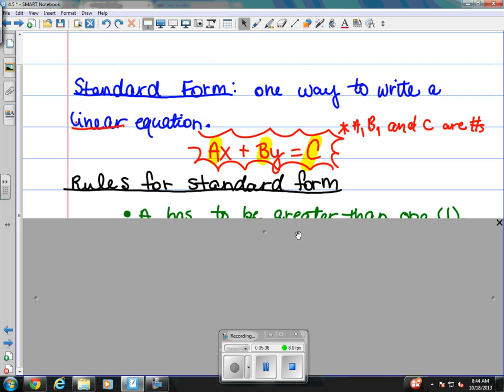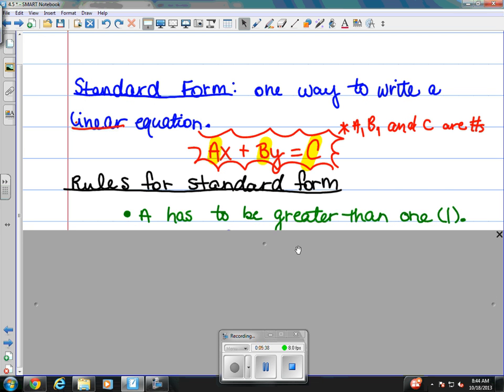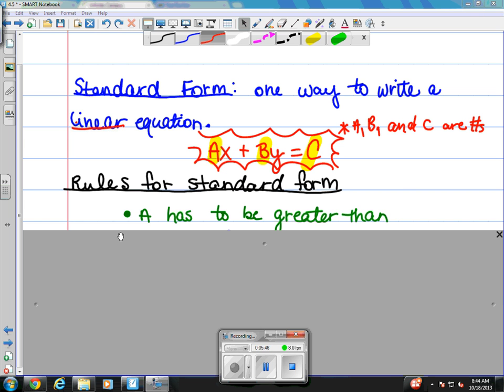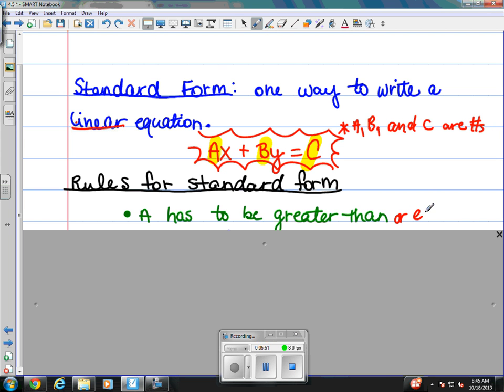Our first rule is that A has to be greater than 1. Okay? Sorry, I actually found a typo there. It says A has to be greater than or equal to 0. That was my fault. I found a mistake on there.